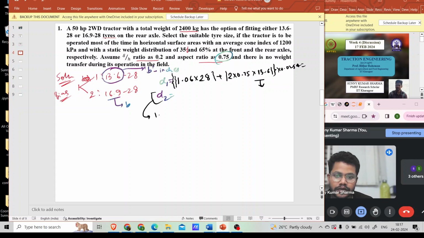Same thing you have to do here: 1.06 into 28 plus 2 into 0.75 into 16.9 into 0.0254.